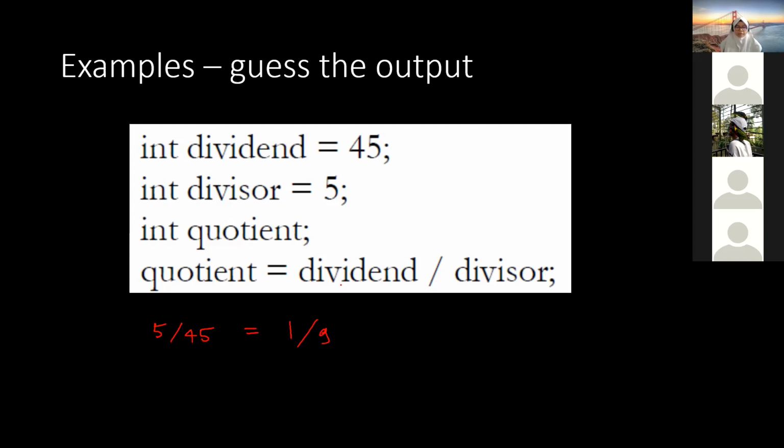Uh, 0.1111. 0.111111. Okay, so a repetition of 0.111111 to infinity. Now you see that the dividend and divisor are integers.